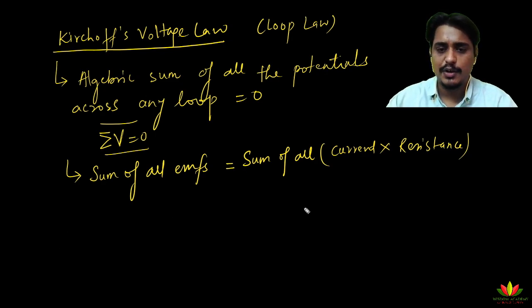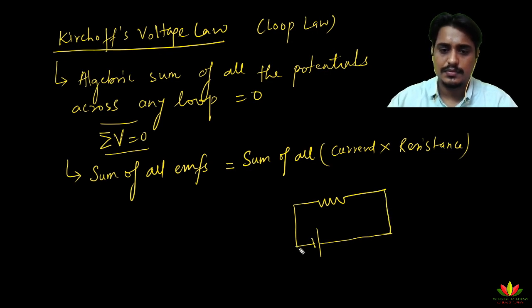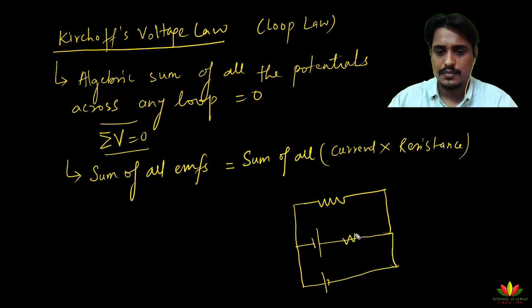Whenever you're taking a loop, let this be a loop, and let this be E1, this be E2, this be R1, this be R2, and this be R3.